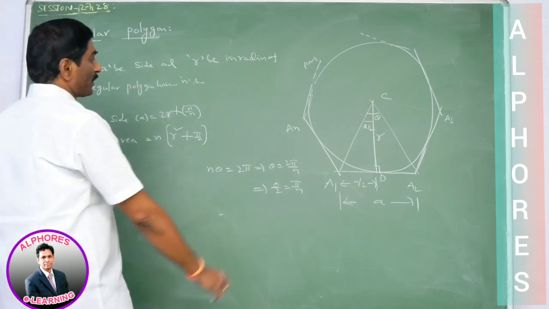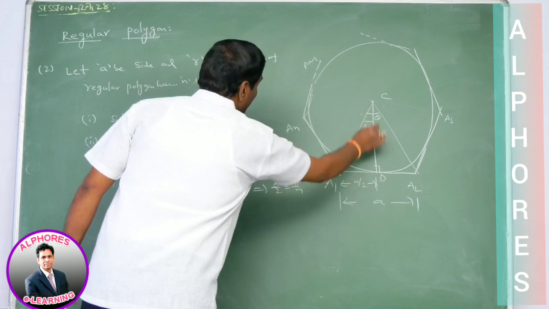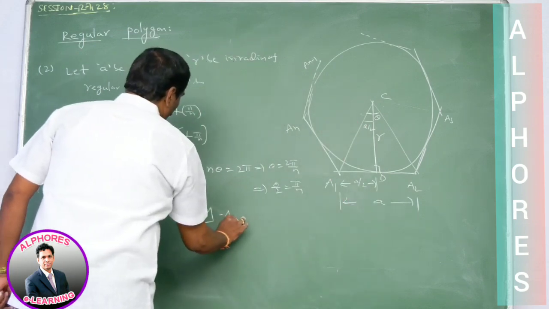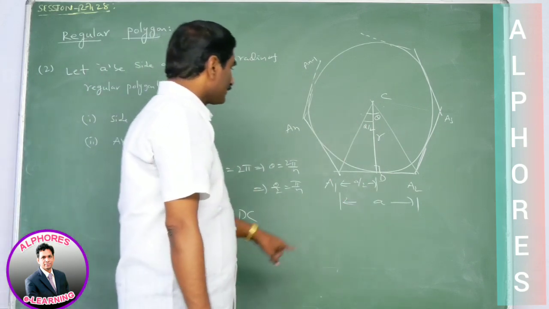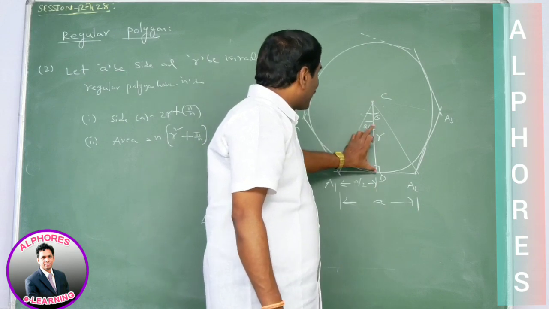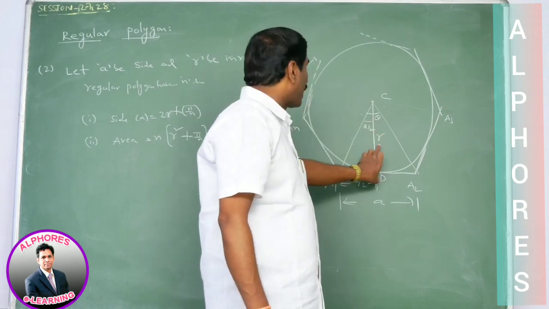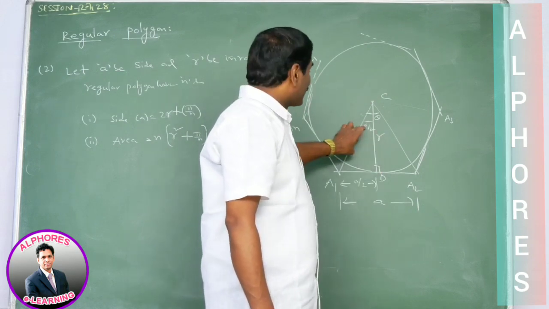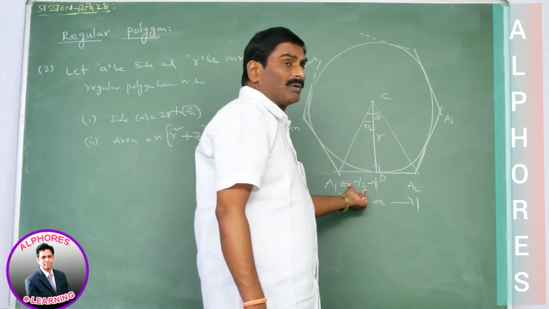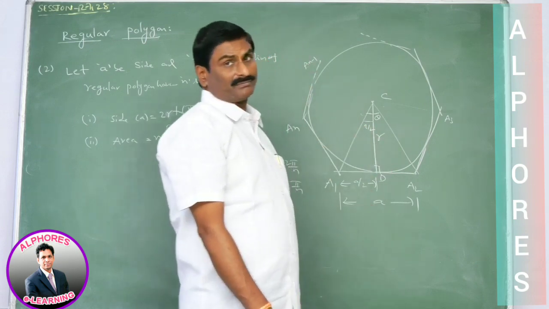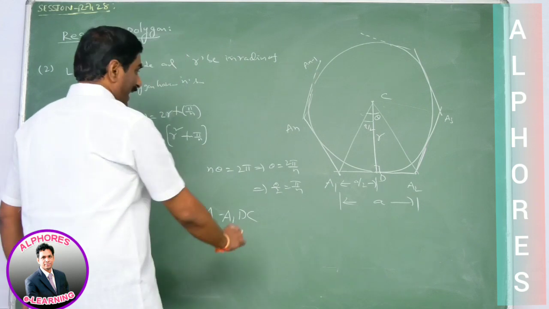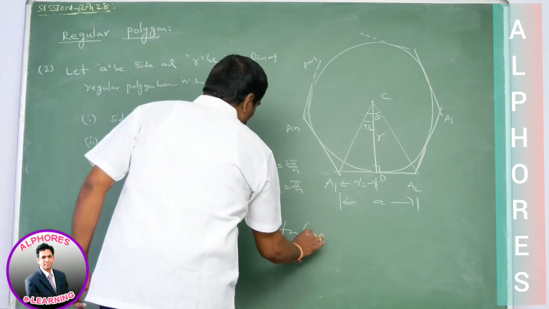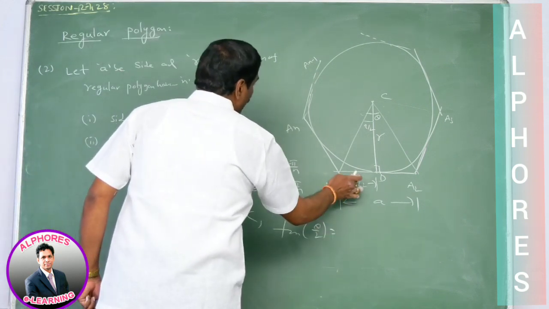Okay. Now from triangle A1DC. Here CD is nothing but the radius of the incircle, that is small r. Angle theta by 2, opposite side a by 2. Opposite and adjacent relation is tan, so applying tan: tan theta by 2 is equal to a by 2 by r.